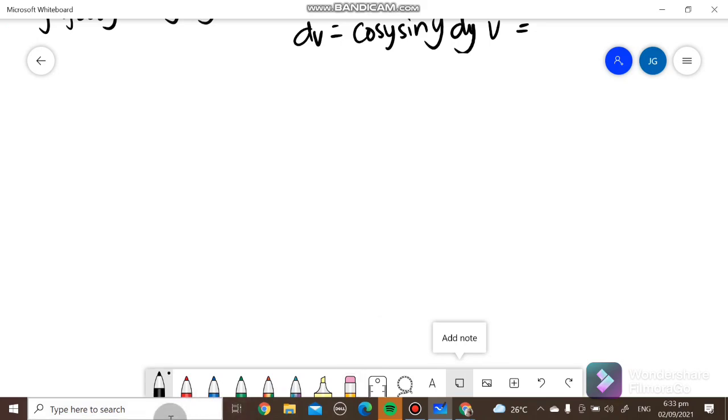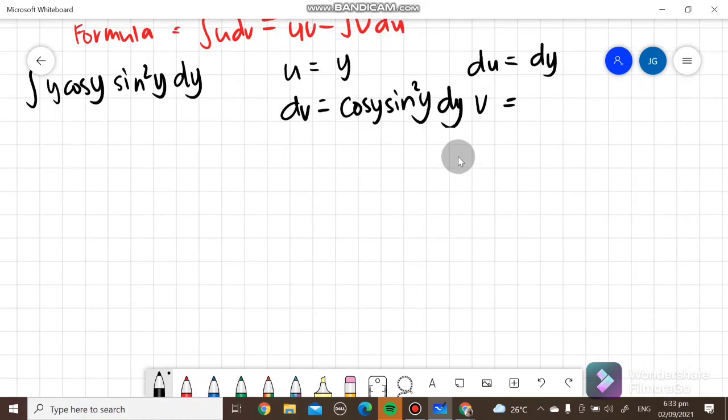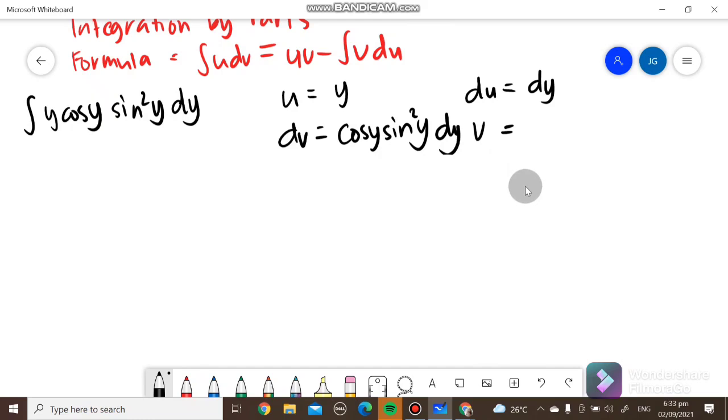What I said earlier, the value of our v here is 1/3 sine cube y. Okay, so let's plug it into our formula.